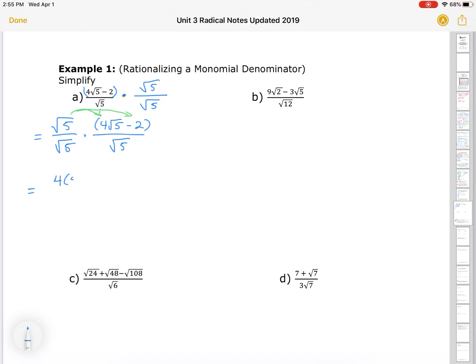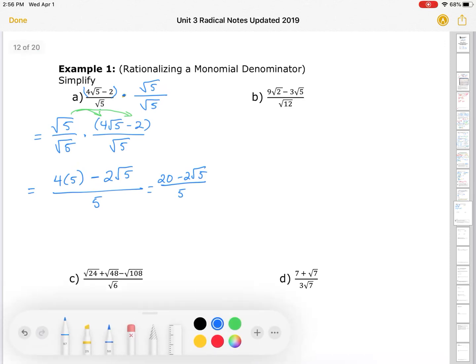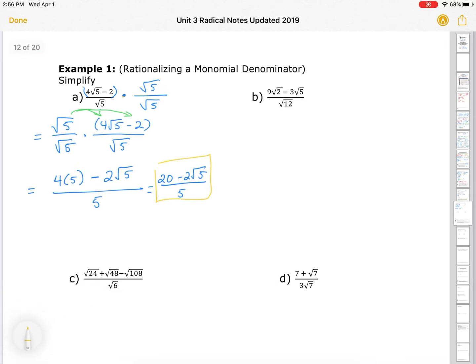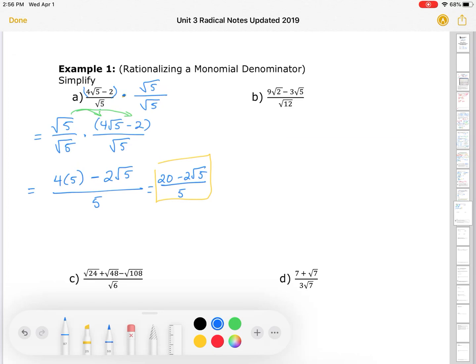What I'm going to get is, multiplying the first term, 4 times 5 minus 2 root 5, okay? And on the bottom, root 5 times root 5 will leave me with a 5. Now, not quite done. 4 times 5 is 20 minus 2 root 5, and it's all over 5. Again, there is nothing common to all of these, so this would be my answer, okay?